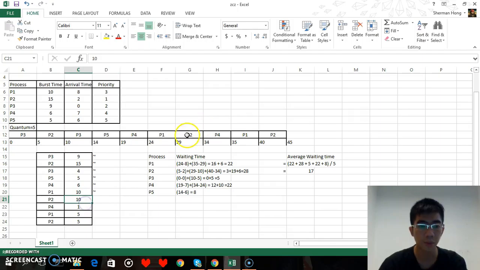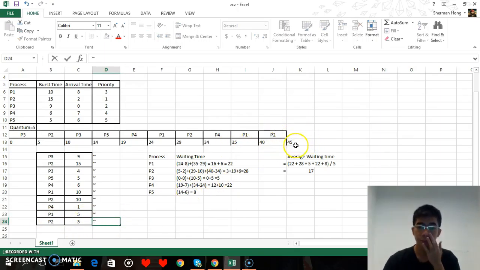And then next we do P2, also 5, so 10 minus 5, 5. Yeah, update here. Okay, and then P4, 1 only, so 34 to 35. Okay, done. And then the rest also is going to be done. Okay, P1 5 and P2 5.